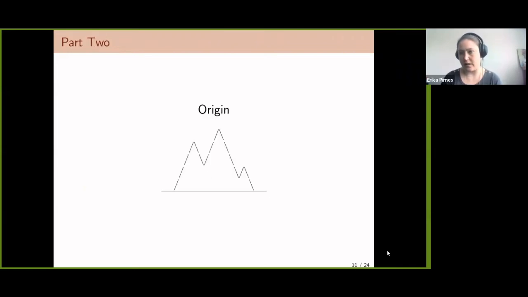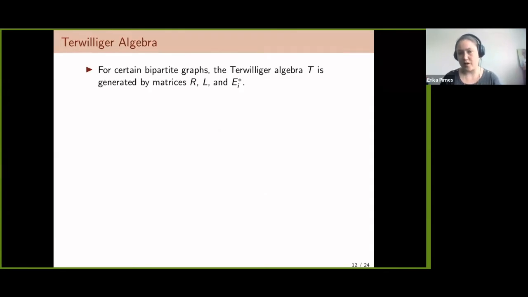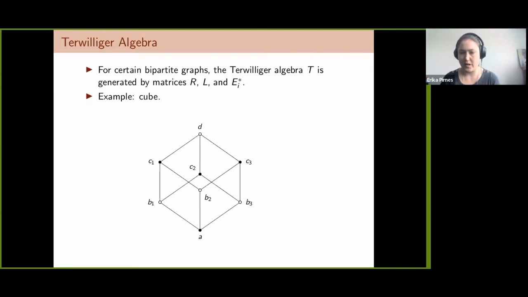Okay, and now I'll talk about the origin a little bit more in detail. So for a certain bipartite graph, the Terwilliger algebra T is generated by matrices R, L, and some matrices E_i stars. And I'll just give an example of a cube. So this is a bipartite graph.